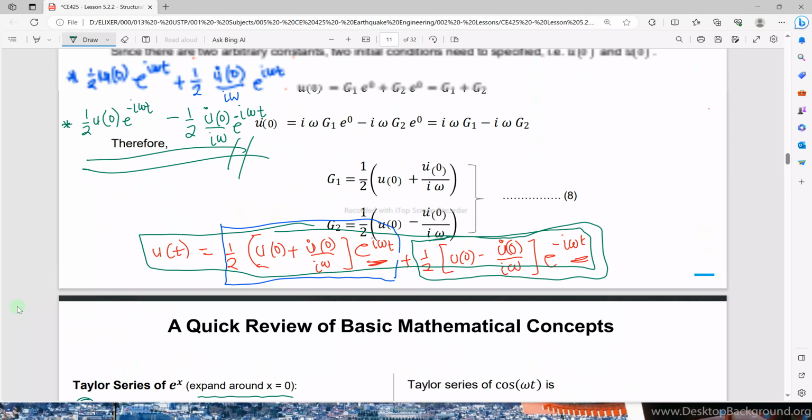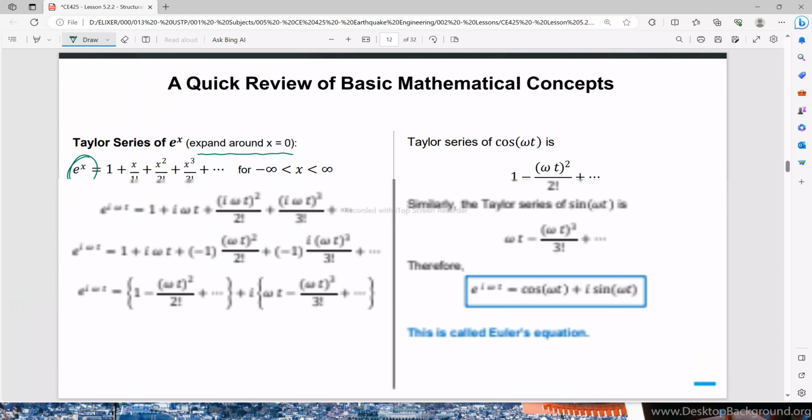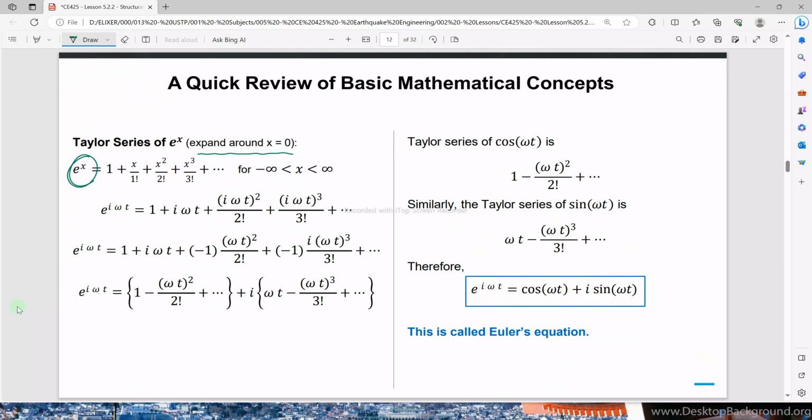If you notice the notation e to the i omega t or e to the negative i omega t, we will apply this concept of Taylor series on this side. And then we can expand this one around x is equal to 0. But eventually, there is a pattern in that resulting expansion.